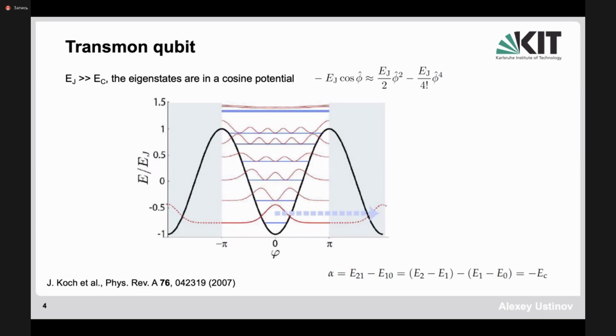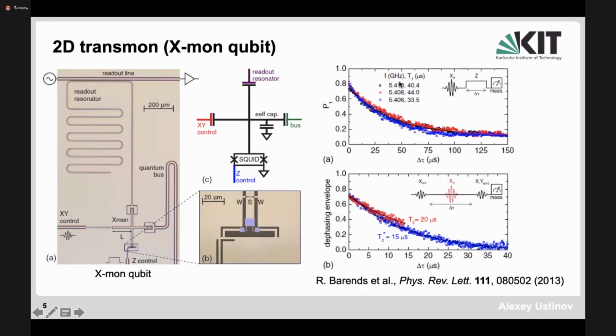So the potential is anharmonic. We can approximate it by this polynomial form, having the second order term proportional to the fourth power of the phase. Now this phase here, which you see at the bottom, and the phase up there is the same. It's just a different formula.